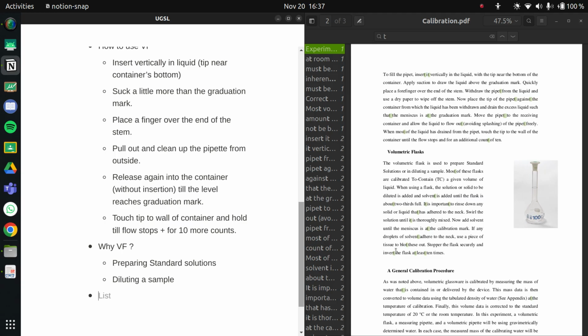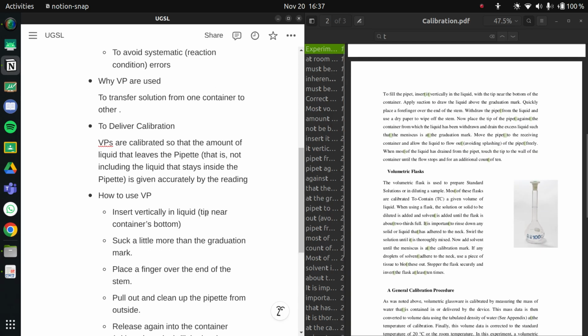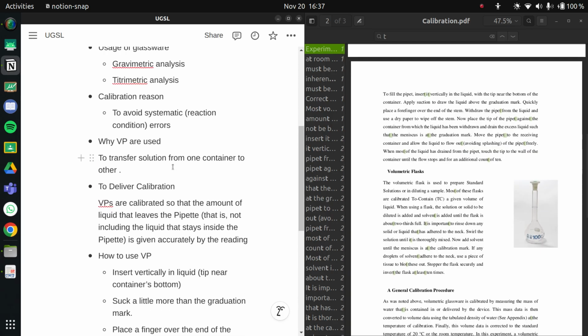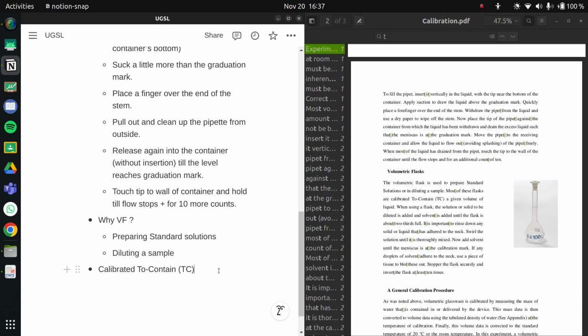This is calibrated to contain. This was like, yeah, so to deliver, that is TD calibration, this is to contain. Cool. Yeah, to contain a given volume of the liquid.